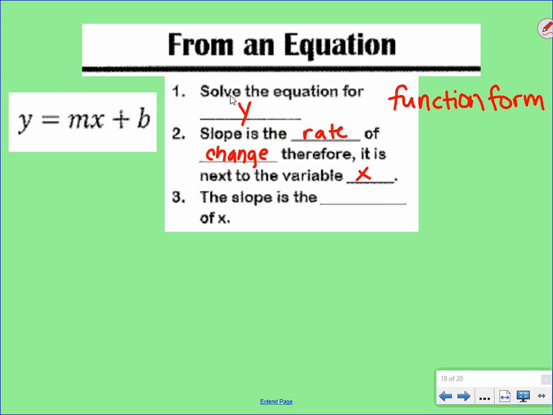The slope is the coefficient of x. If you remember, coefficient means the number in front of a variable.